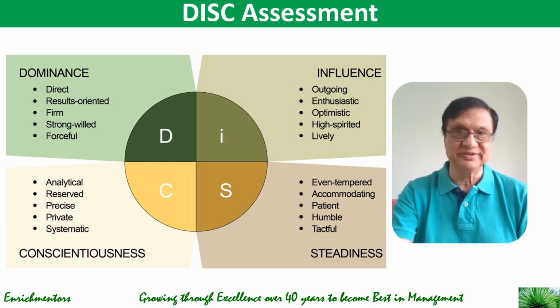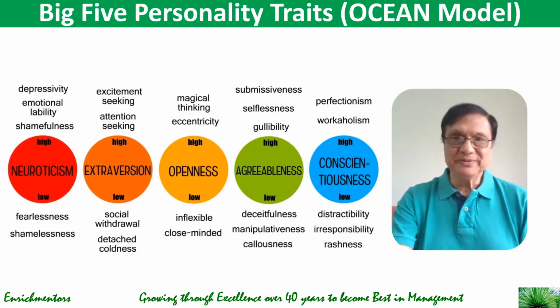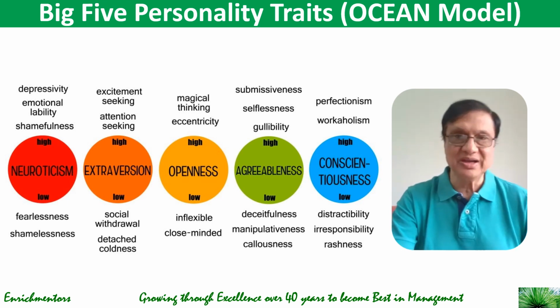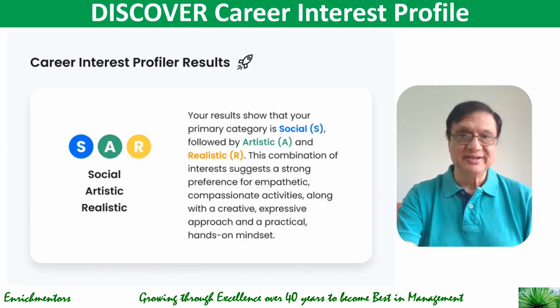Both are important things. Big Five personality test, Ocean model is another one that you can use to evaluate personality based on openness, conscientiousness, extroversion, agreeableness, and neuroticism. This provides a broad understanding of the personality traits and how they influence behavior, helping guide career choices that align with your personality characters.